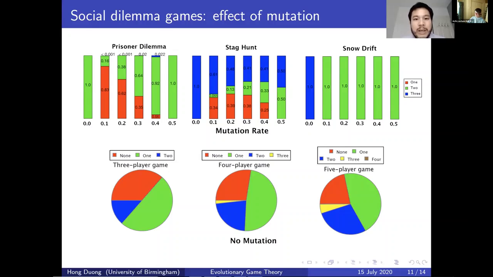Here we plot for the prisoner's dilemma, stag hunt, and snowdrift games. We clearly see the influence of mutation in the distribution of the number of equilibria in social dilemmas. This means when we have mutation, the diversity increases.